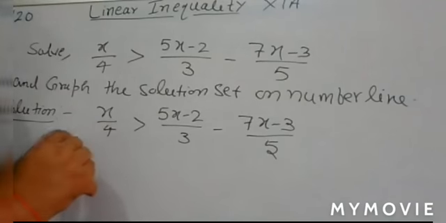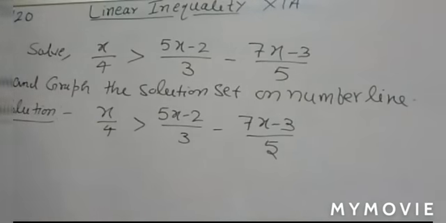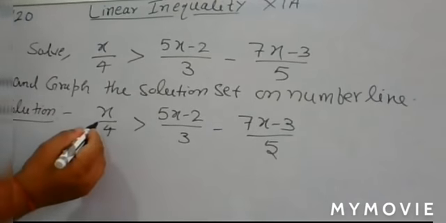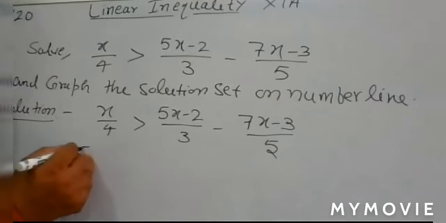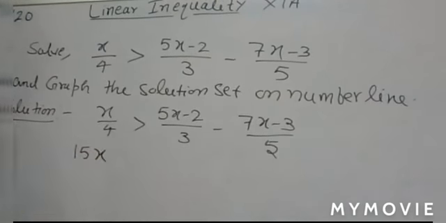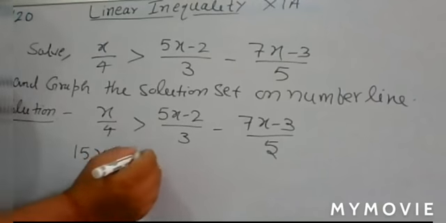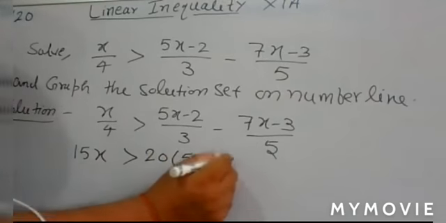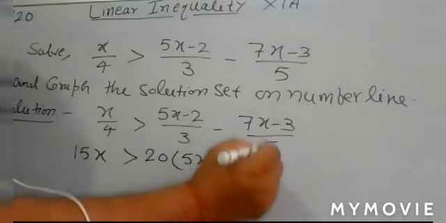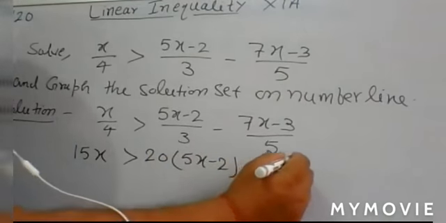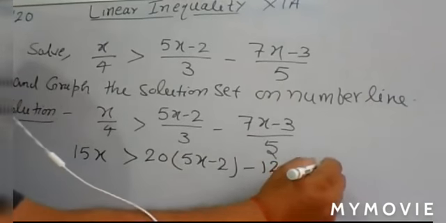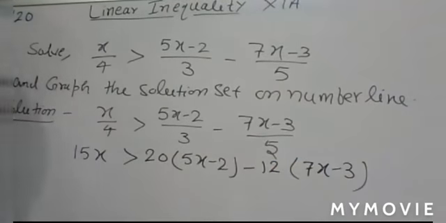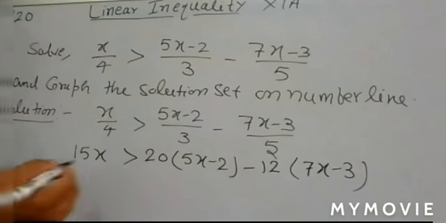So you multiply each term by 60, so you have 15x greater than 20 times (5x - 2) minus 12 times (7x - 3). In this way you have your result.